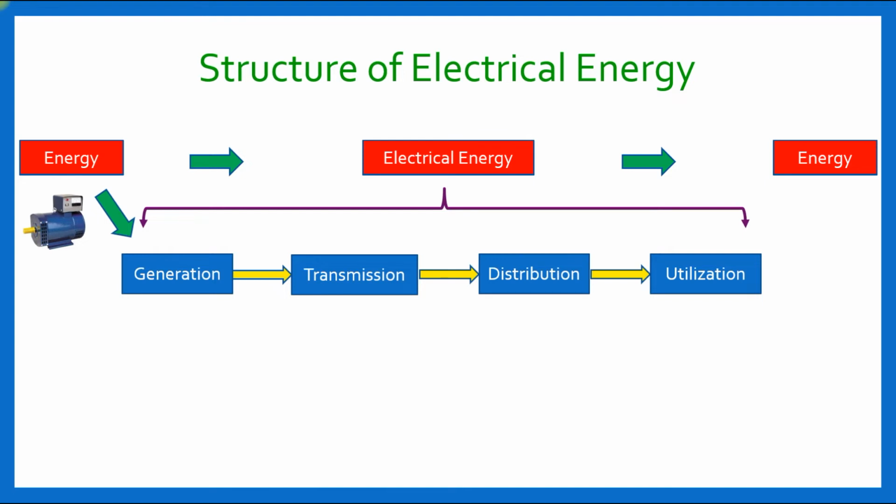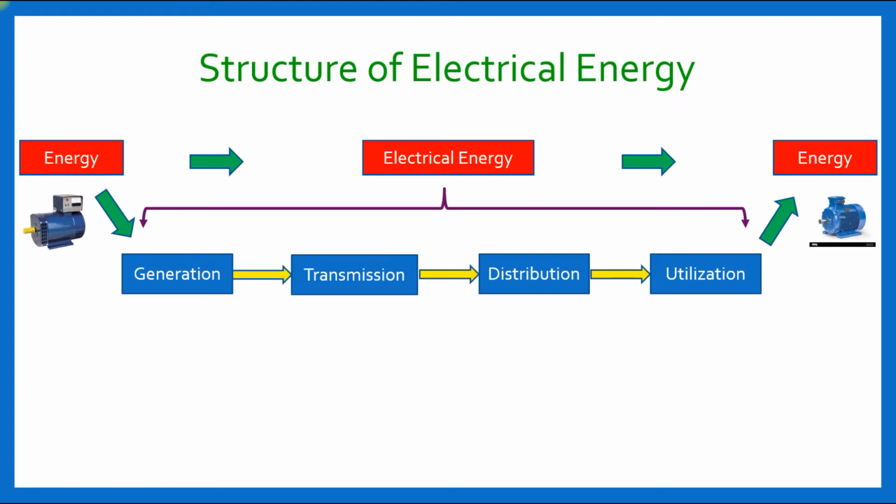Similarly, we already discussed that we cannot use electrical energy straight away at the end use. There we need one more converter, which can be called a motor. It converts electrical energy into some other form of energy, generally mechanical energy.